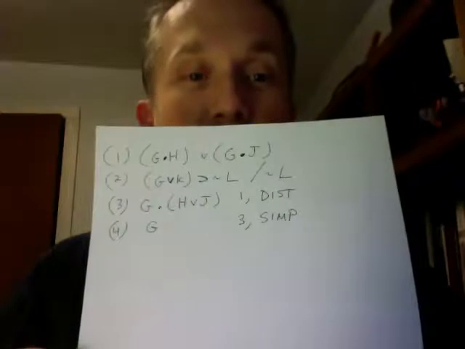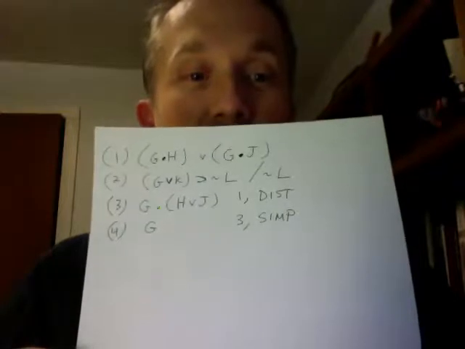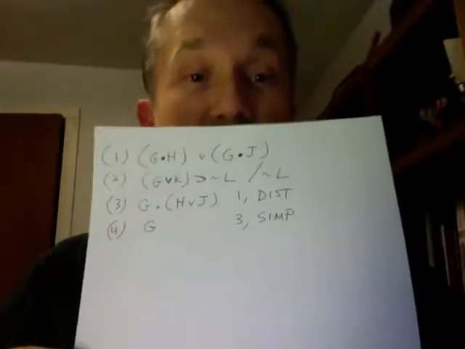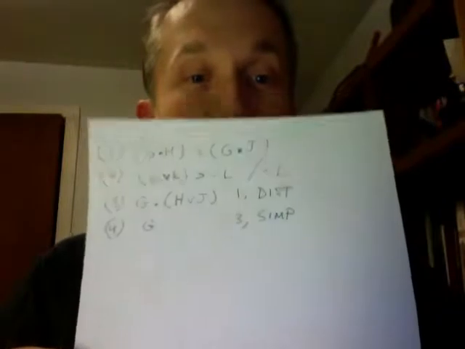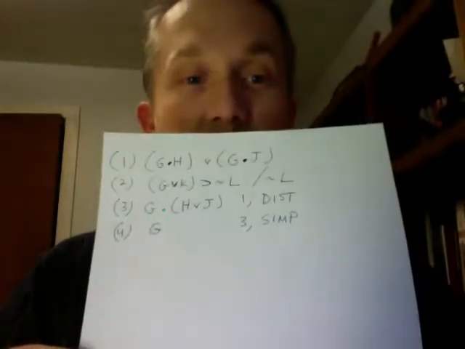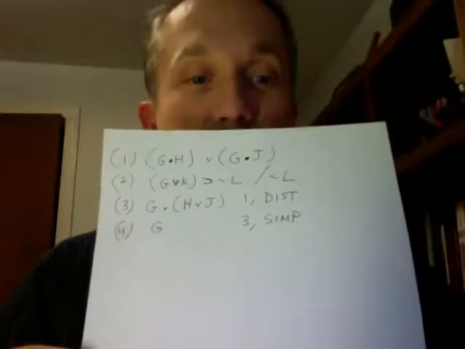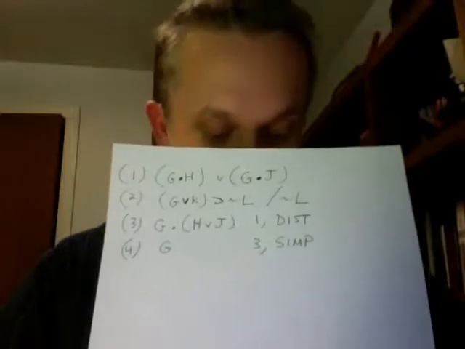Now, if you look at the second premise, what you see is I need an or K added to that G, and I need the horseshoe, which is going to allow me to get the not L. So I still have to manipulate this problem.